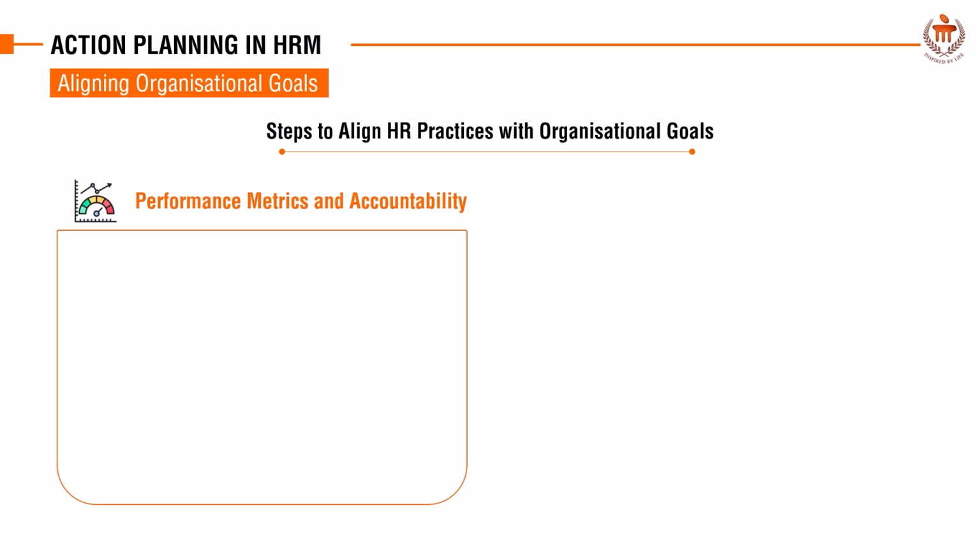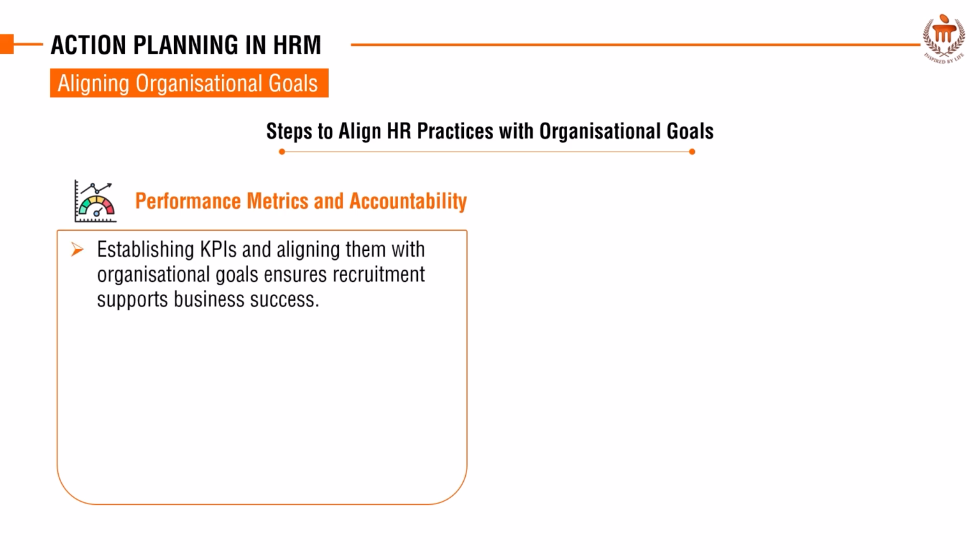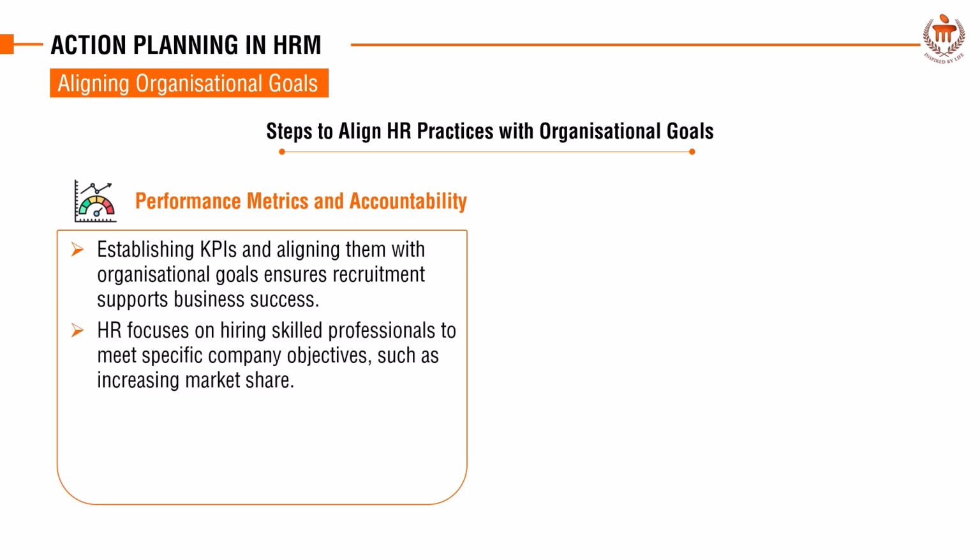Performance metrics and accountability. Establishing key performance indicators, KPIs, and aligning them with organizational goals helps ensure that the recruitment process contributes to business success. For example, if the company's goal is to increase market share, HR may focus on hiring highly skilled salespeople or customer service professionals to support this aim.